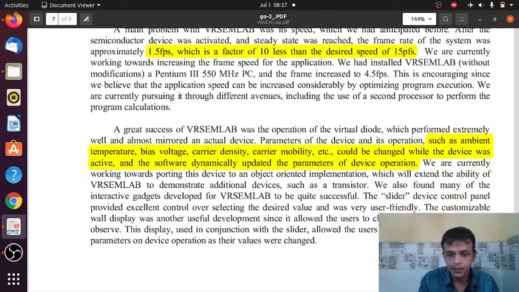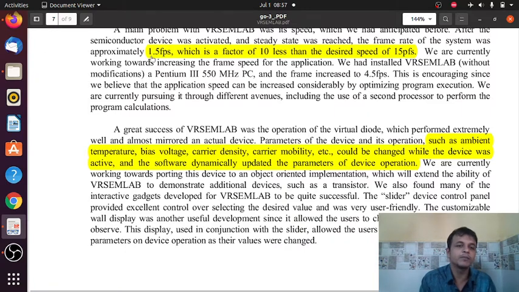And here, since it happened around 20 years back, the speed of the environment was 1.5 frames per second, but now we are able to create the environment in Unity at the rate of 100 frames per second. So this kind of possibility is there nowadays.